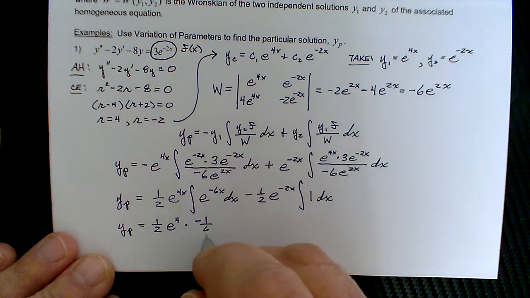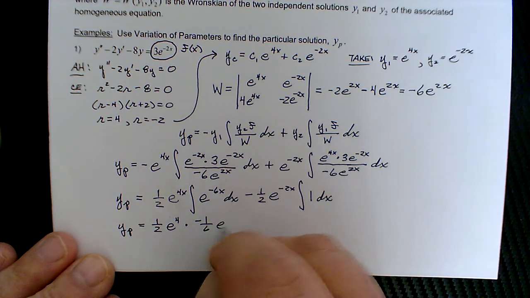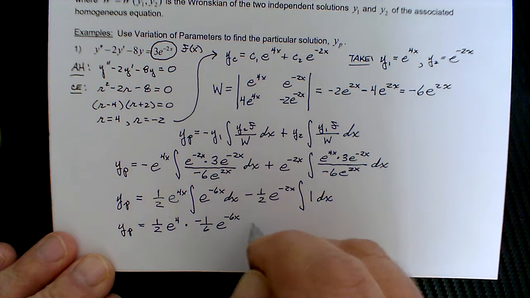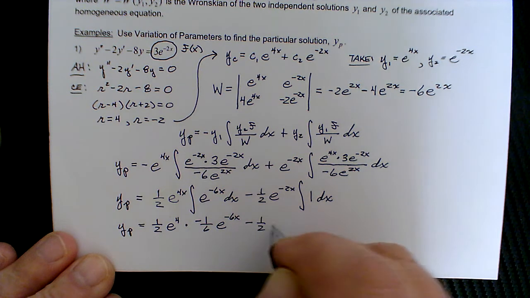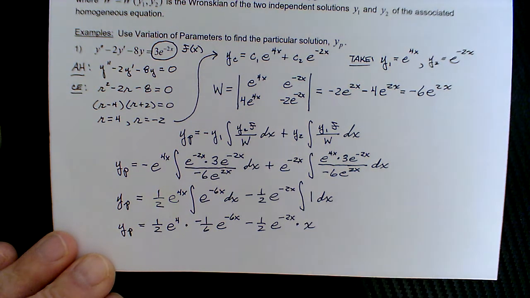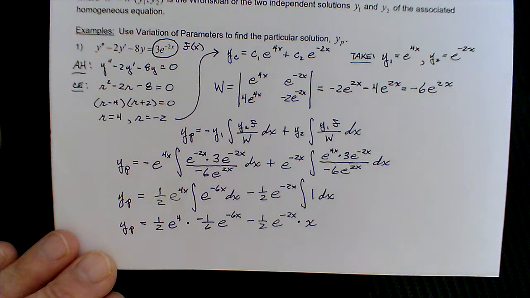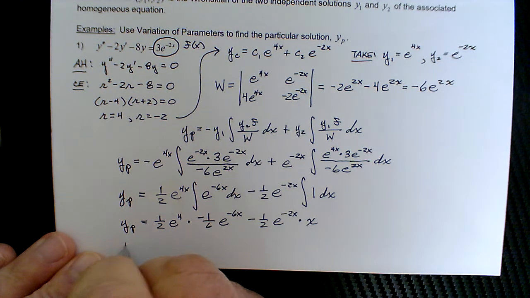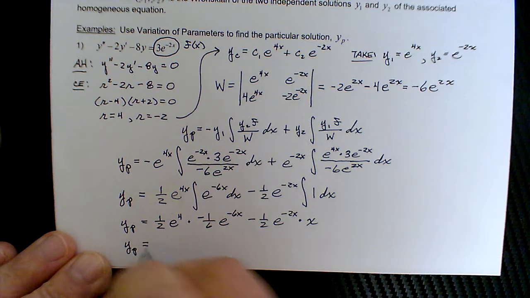Excuse me, negative 1/6 e to the negative 6x, and then minus 1/2 e to the negative 2x, integrating 1 with respect to x, we get x.